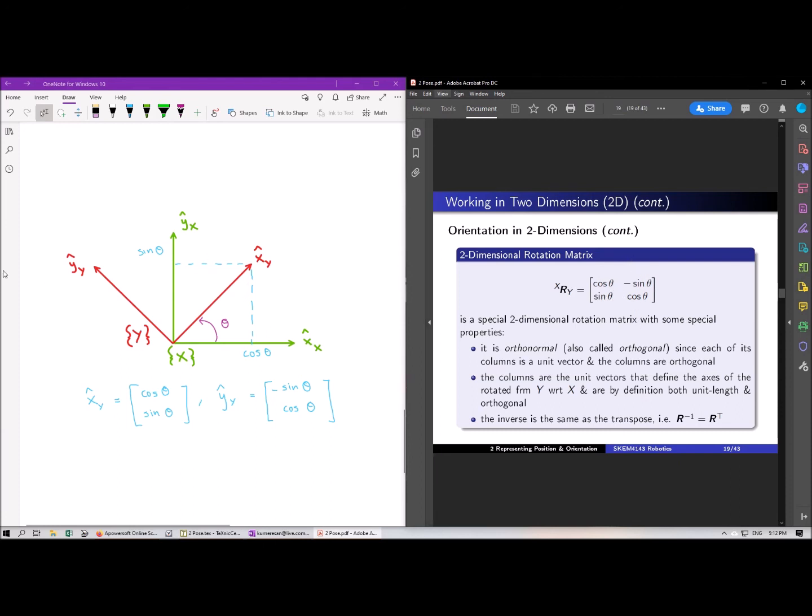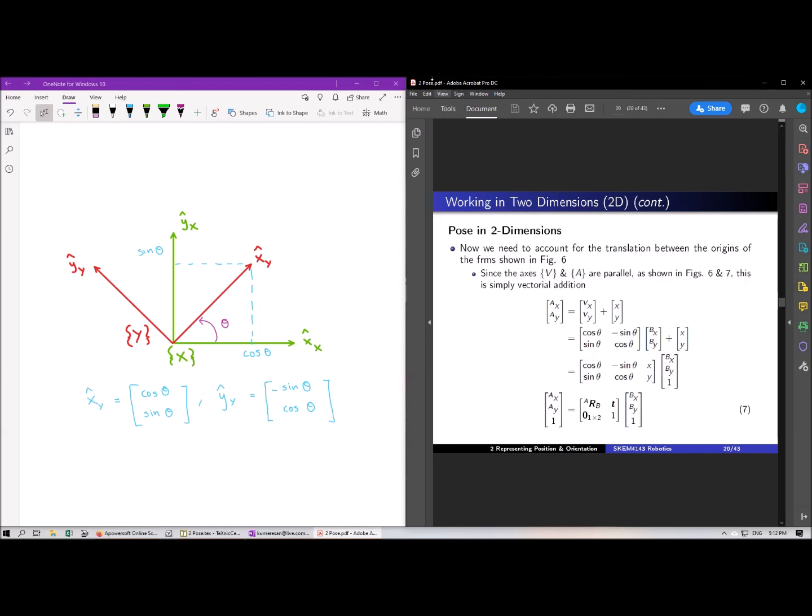This column represents y hat y with respect to coordinate frame x. Therefore the x component is minus sine theta and the y component is cos theta. So the columns are the unit vectors that define the axes of the rotated frame y with respect to x, and by definition are both unit length and orthogonal. And the inverse is the same as the transpose. That's always the case when it comes to a rotation matrix.